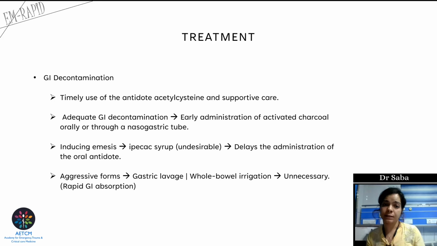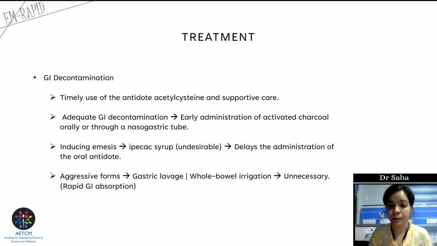Now, adequate GI decontamination comprises of early administration of activated charcoal, which is either given orally or through a Ryle's tube, a nasogastric tube. We could also induce emesis by ipecac syrup, but that is not very desirable because it'll delay the administration of the oral antidote, that is N-acetylcysteine. But aggressive forms like gastric lavage or whole bowel irrigation are not really necessary, as paracetamol has a very rapid GI tract absorption.